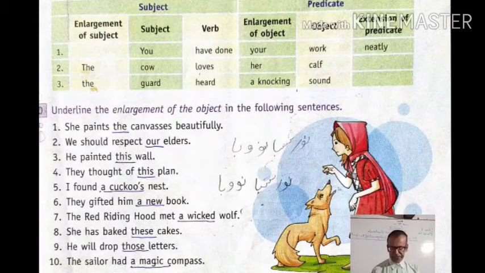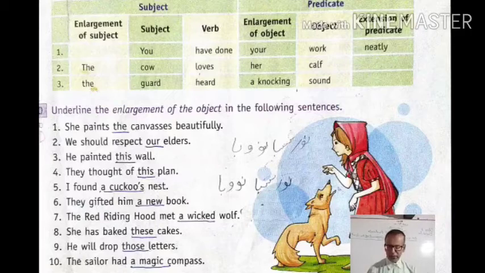Sentence number 3, the guard heard a knocking sound. Guard is the subject part here, the is the enlargement of the subject, heard is the verb part, sound is the object part, and a knocking is the enlargement of the object. There is no word coming after the object, so there is nothing like extension of predicate.